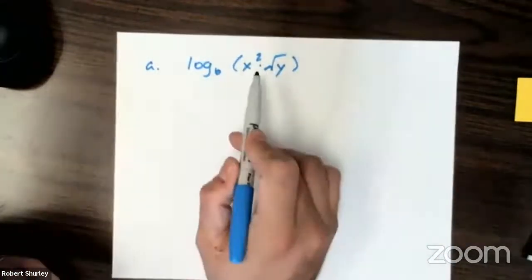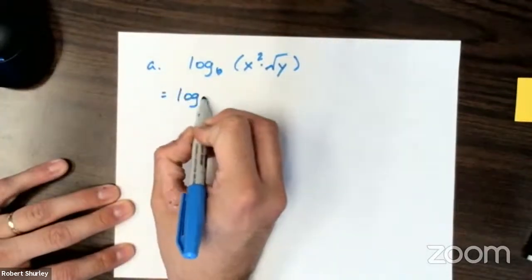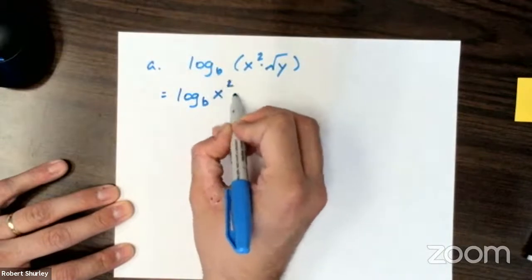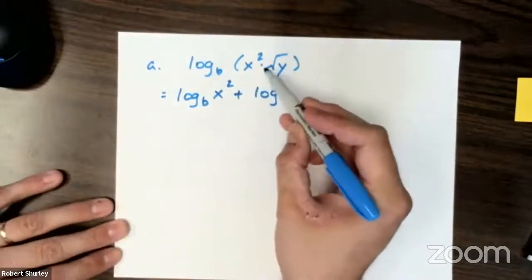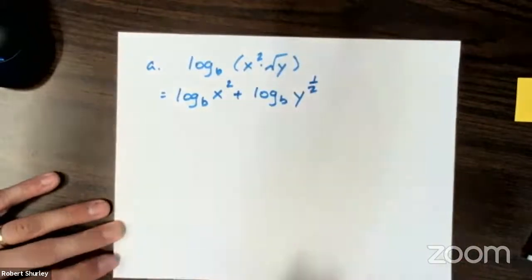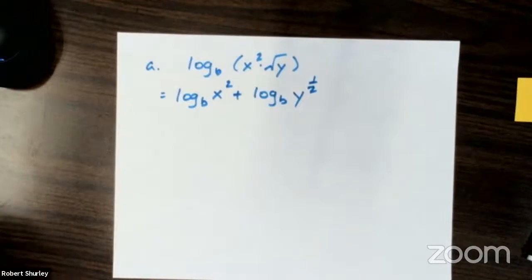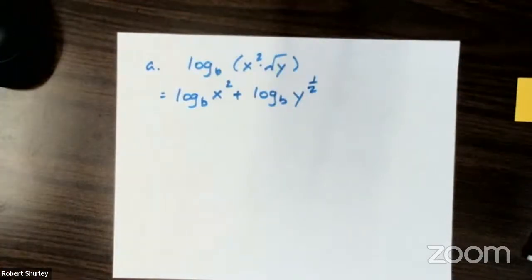Remember, if it's multiplied, it meant addition on the outside. So this would expand to log base b of x squared plus log base b. Now look, I'm going to write this square root as y to the 1/2. Just get in the habit of doing that. Whenever you see a radical, automatically write it as a fractional exponent.